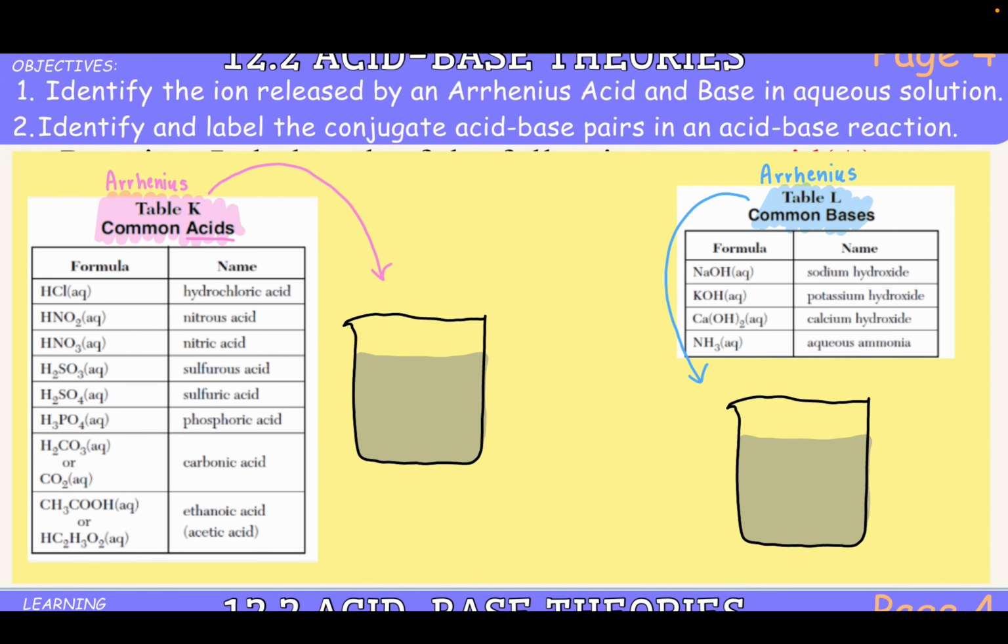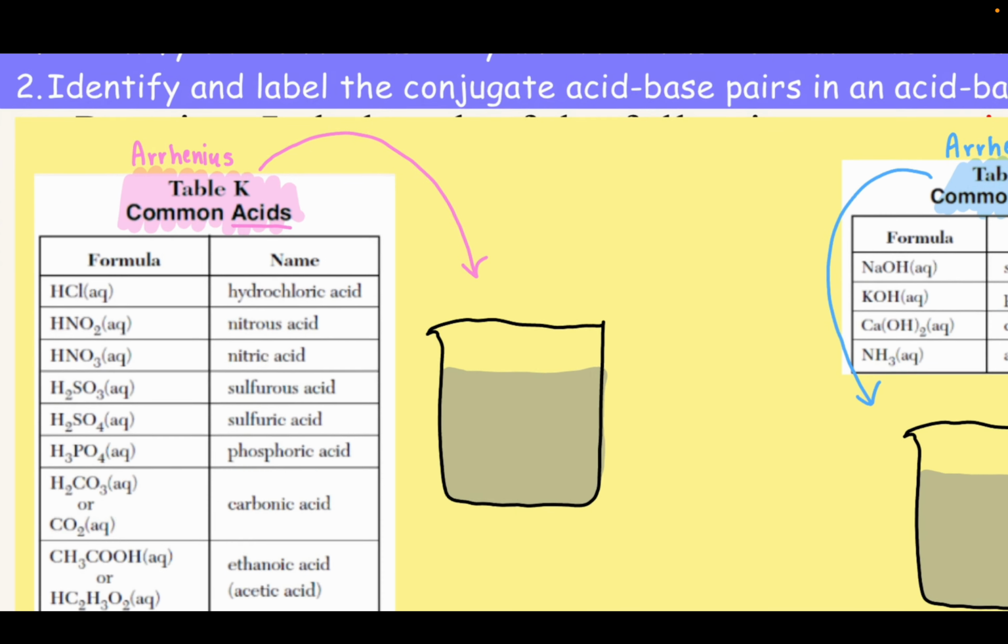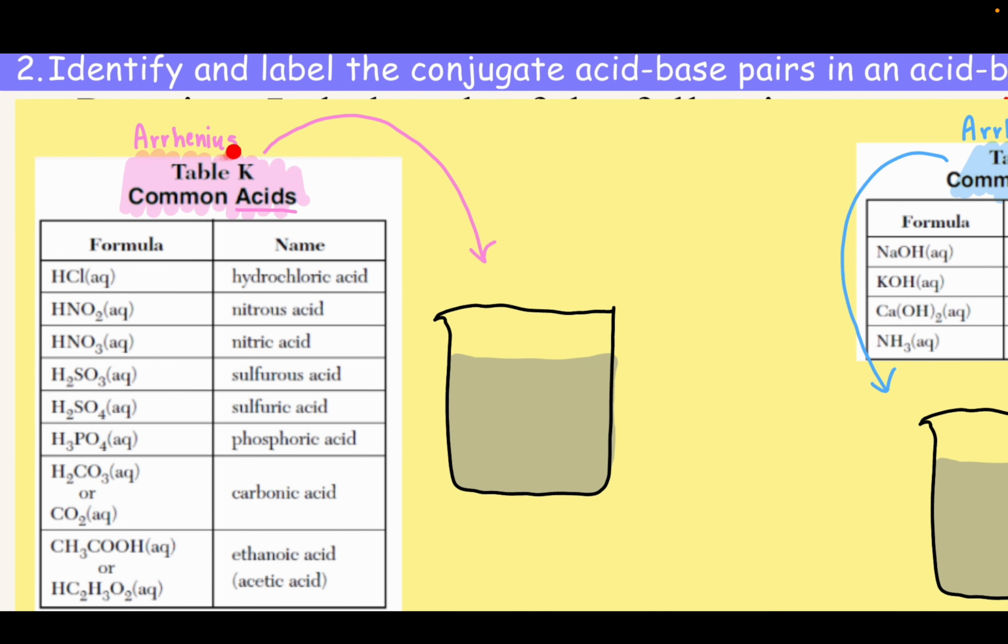Okay, so to review everything again, if you aren't sure, you always have Table K and Table L on your reference table to check if something is classified as an acid or a base. But specifically, if something is an Arrhenius acid or an Arrhenius base, you want to remember that both of them are referring to when they are aqueous, or dissolved in water.